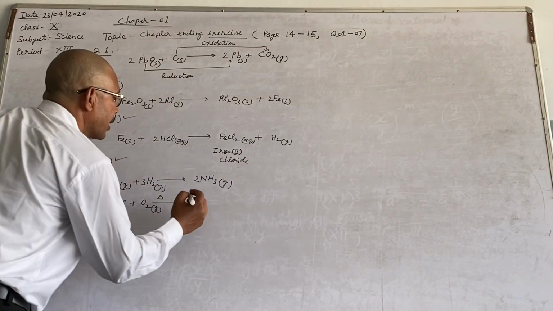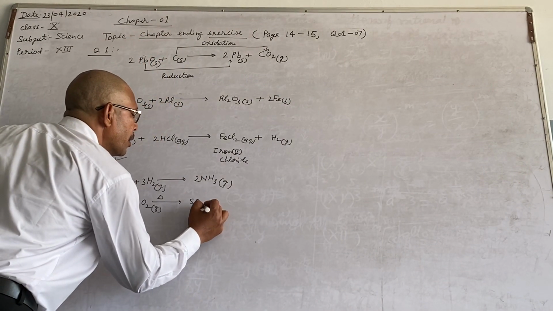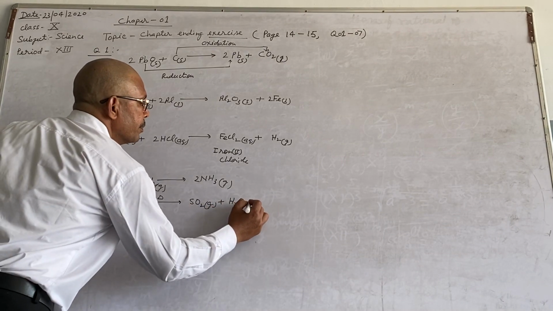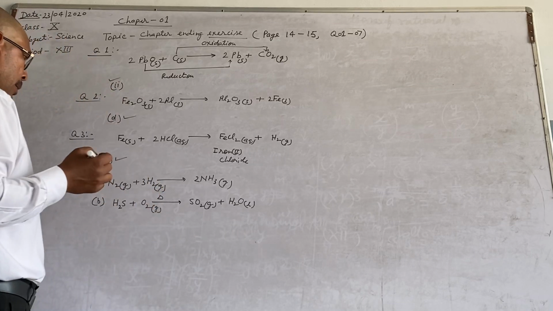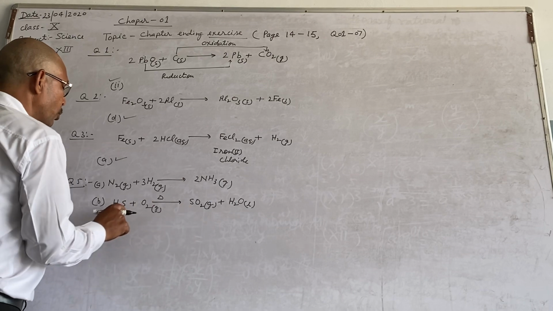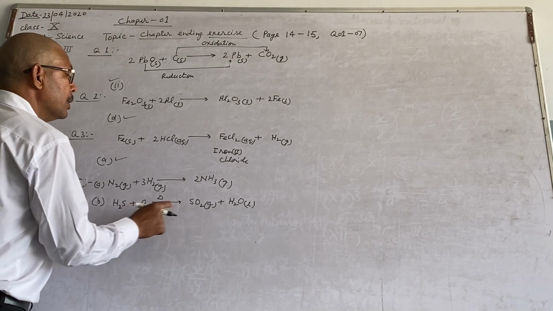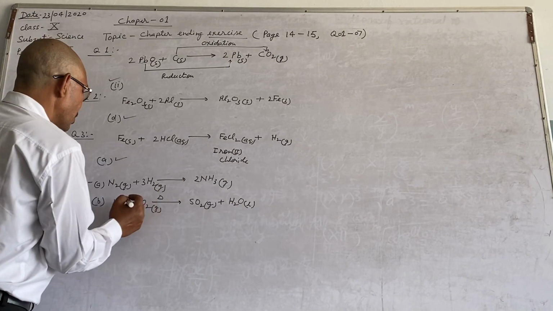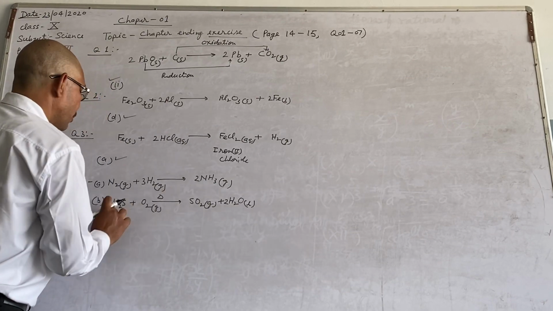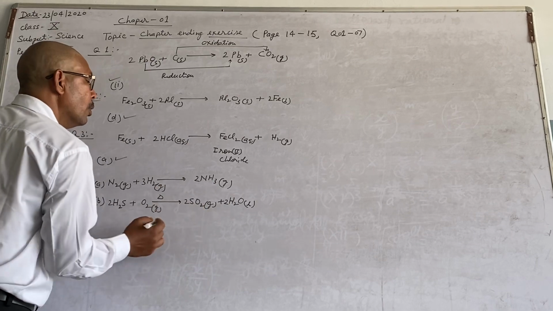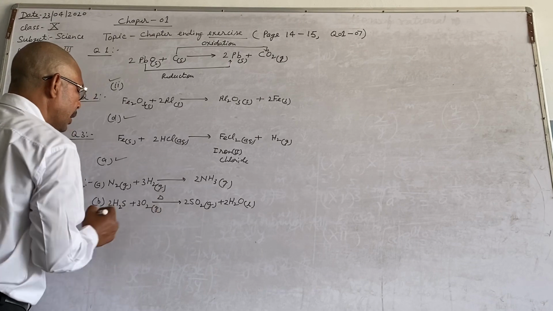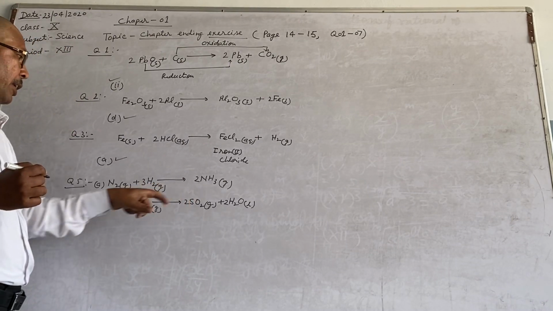Water and sulfur dioxide, SO2 gas plus water H2O. Now balance them. H2S, SO2, oxygen 2, hydrogen 4 and sulfur 2. So 2 H2S, oxygen here 3. So this is the balanced chemical equation.